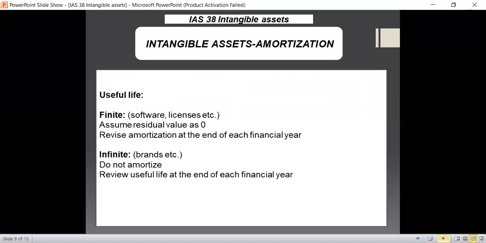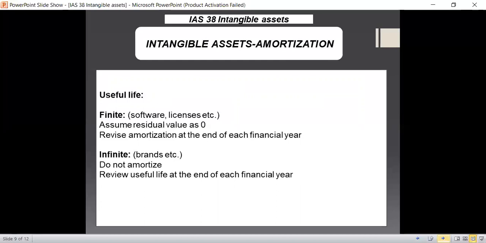For example, in the case of software, which needs regular updation. For the assets with finite useful life, residual value is assumed zero unless there is a buyer or active market, and we do need to revise amortization method, period, and useful life at the end of each financial year.